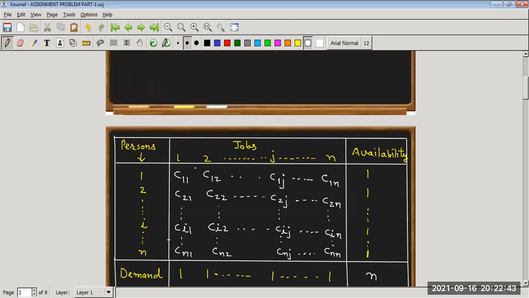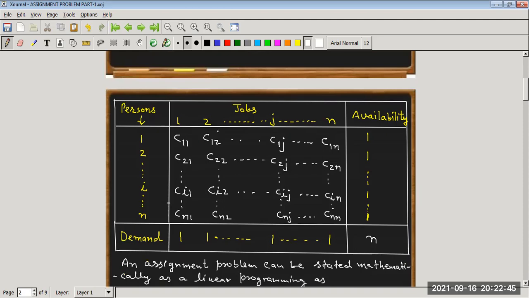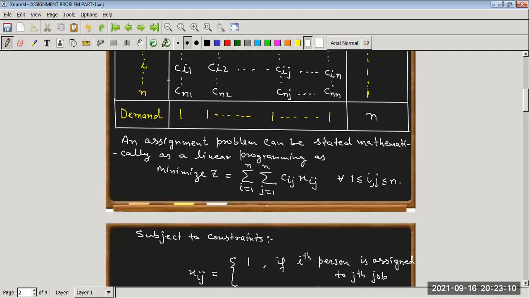For example, if we assign the second job to the first person, then we can put 1 in this place and 0 in all other elements of the first row and second column. So that's why availability in each row is 1 and each column is 1.